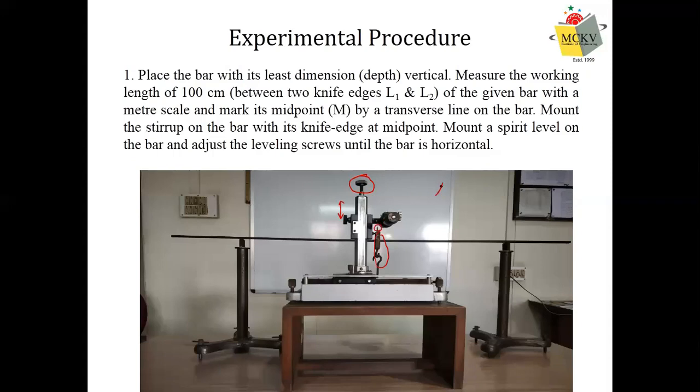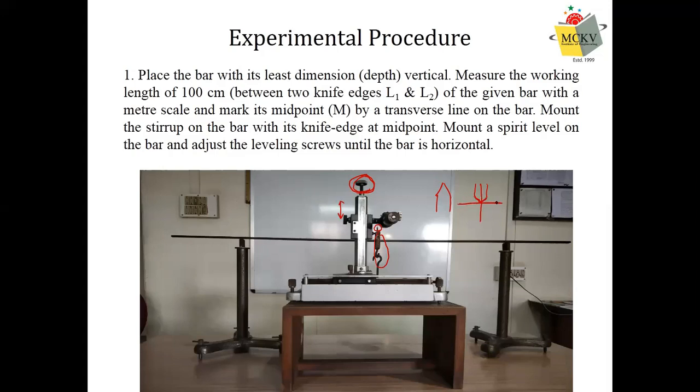Though the tip, as our sir was mentioning, looks like this, what we will observe through the eyepiece of the microscope is only this inverted image. With the help of this screw, our aim is to place the initial portion of the needle touching the horizontal line.